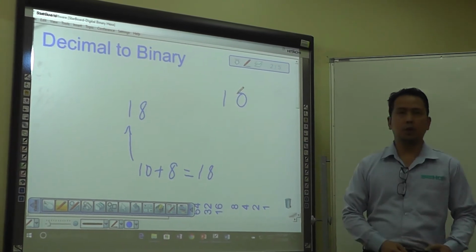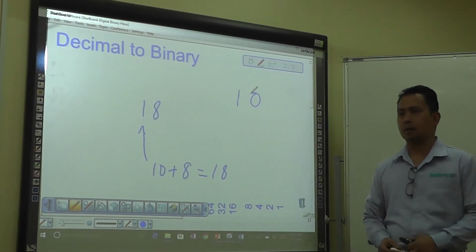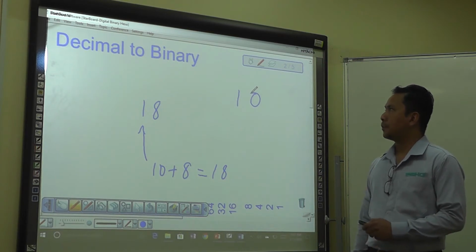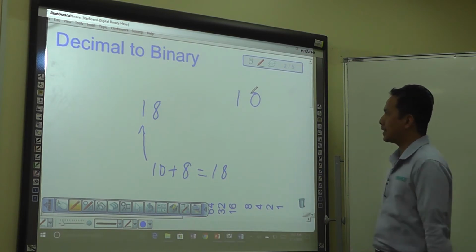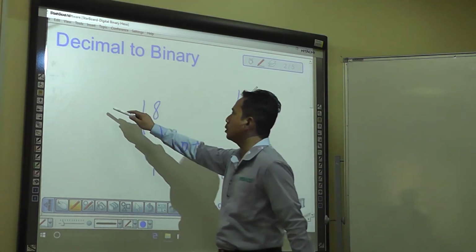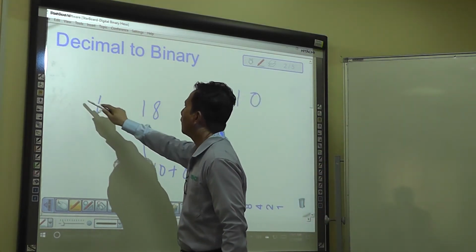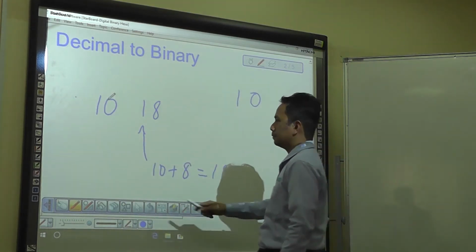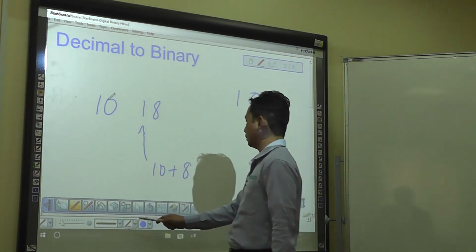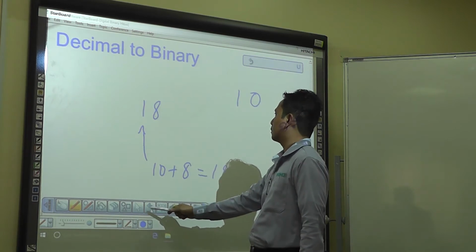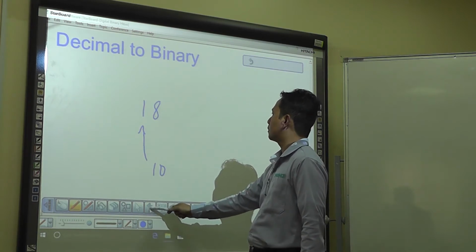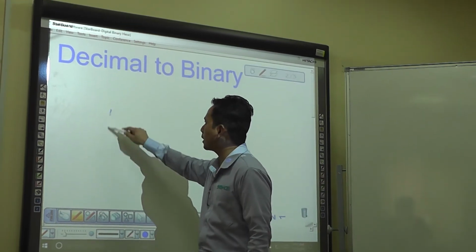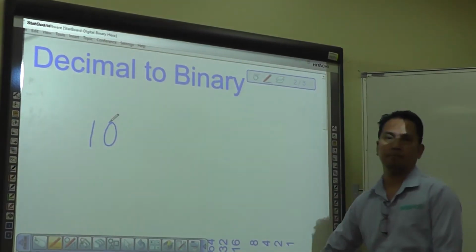In the procedure of the conversion from decimal to binary, we have to divide, for example, 10.